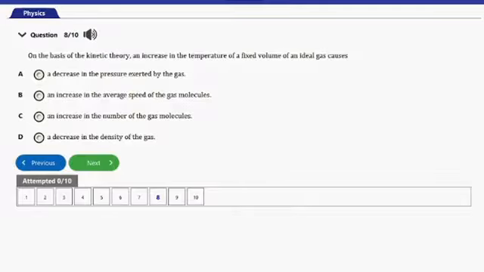So guys, the answer to this question here is option B. Based on the kinetic theory, an increase in the temperature of a fixed volume of an ideal gas will cause an increase in the average speed of the gas molecules, and that's option B here. So that's it for this question, guys.